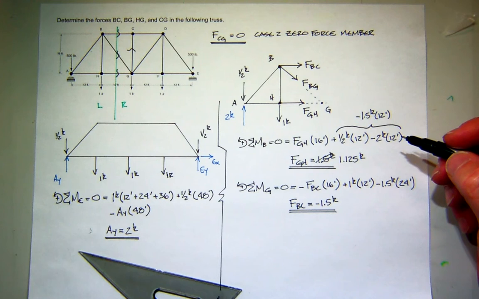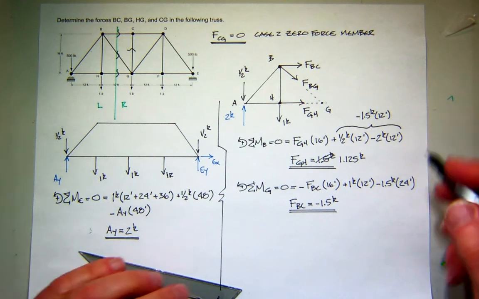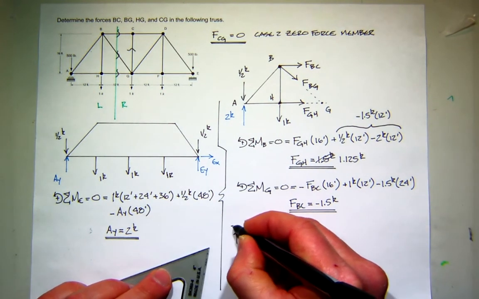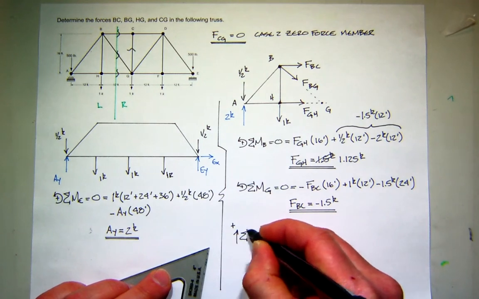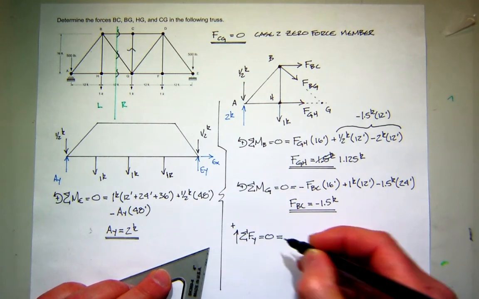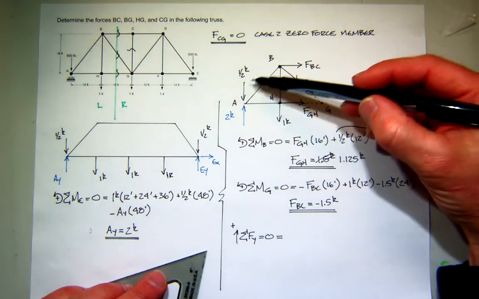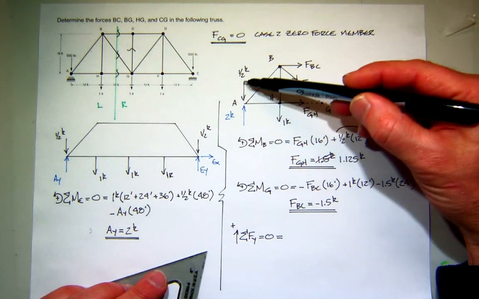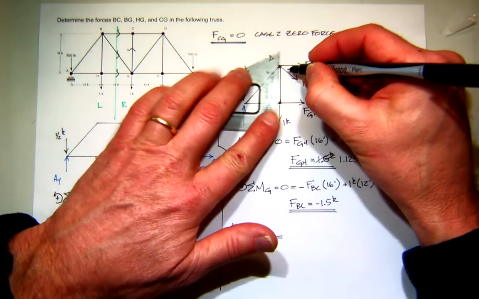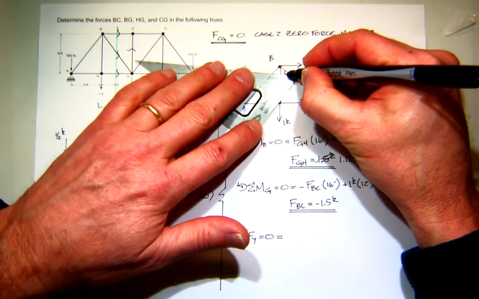Now, we can't do any more moment equations, but as we discussed previously, I can sum forces. So let's sum forces in the y direction. I'm looking at my y components. I have this couple over here I've dealt with before, this guy, and then I want the vertical component of this.